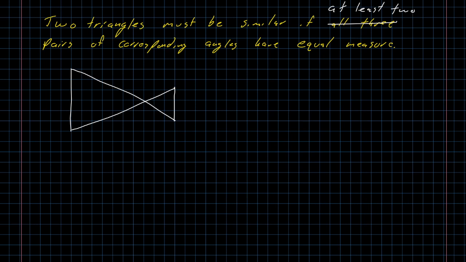All right, in the bow tie figure, let's go ahead and name a couple of points, A, B, C, D, and E. We're going to be given that AB is parallel to DE. We're also going to be given a couple of side lengths.